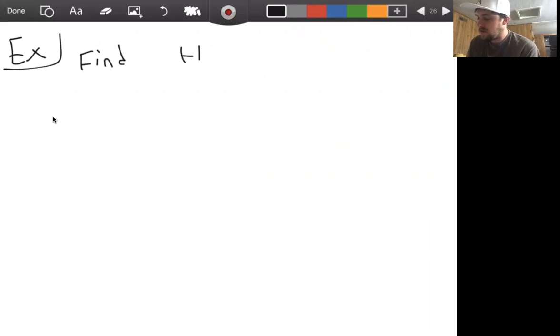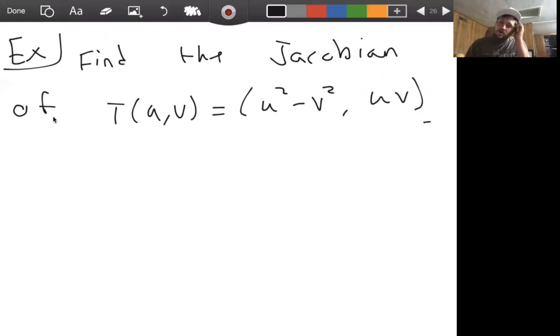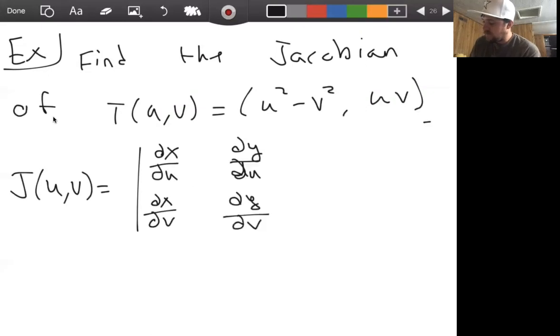So let's find the Jacobian of T of uv equals u squared minus v squared, uv. Okay, so we used this transformation in the last video. And so the Jacobian of this transformation is, well, let's remember, it's the partial derivative of x with respect to u, partial derivative of y with respect to u, and then partial derivative of x with respect to v, partial derivative of y with respect to v, right? Well, this is the determinant.